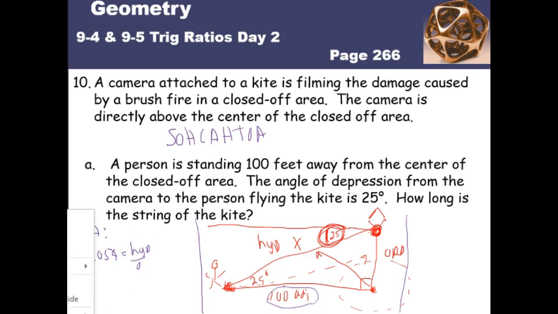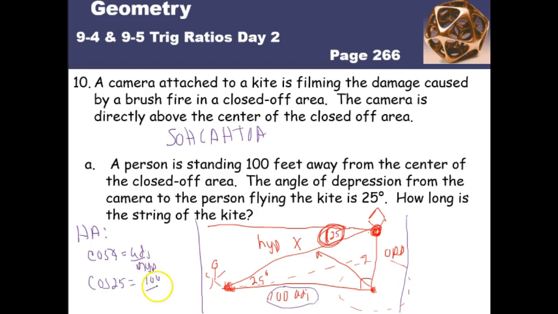Oh no, it's the adjacent over the hypotenuse. Okay, whoops. So adjacent over hyp.